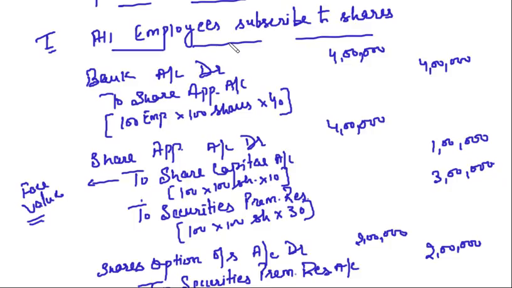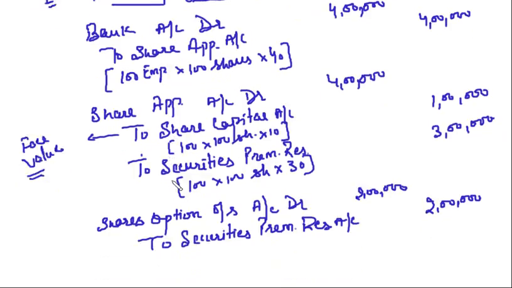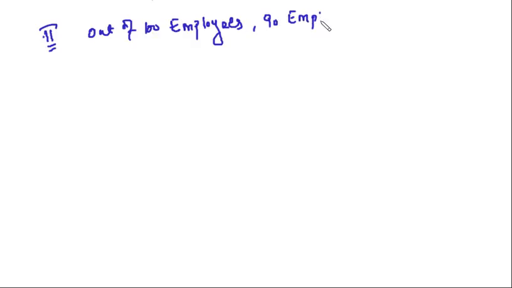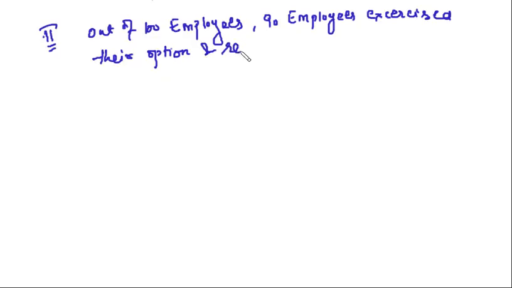Is this much clear, friends? Now, the second part is: out of 100 employees, 90 employees exercised their option and the rest of the options, that is for 10 employees, elapsed.